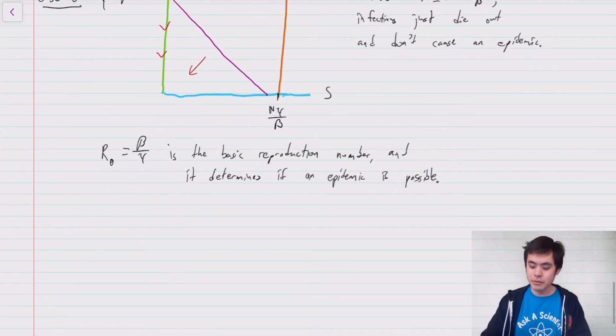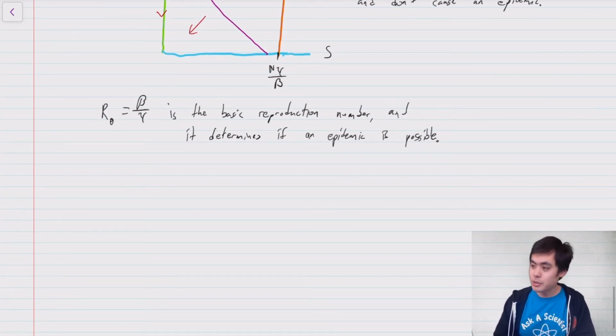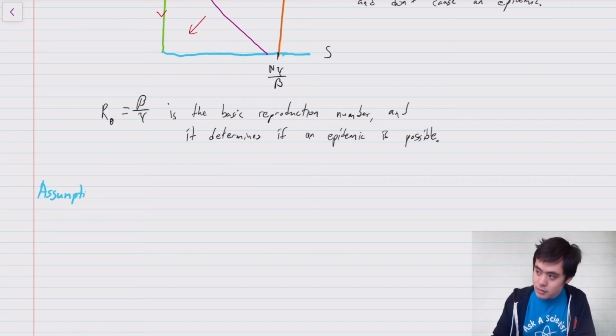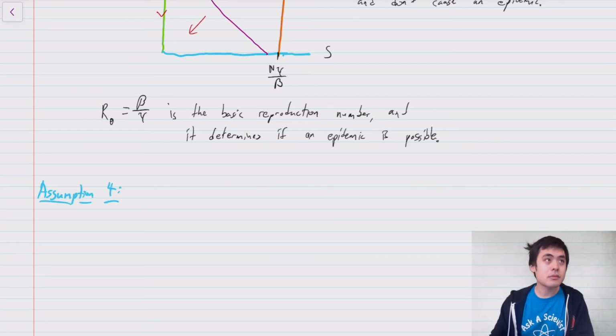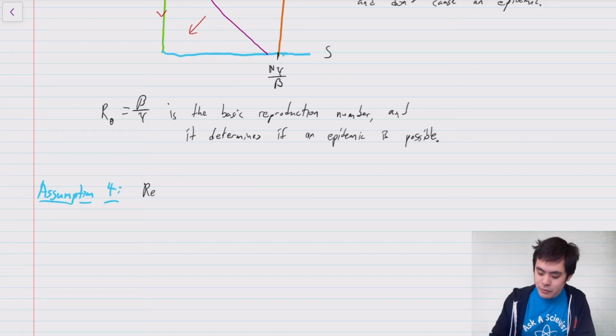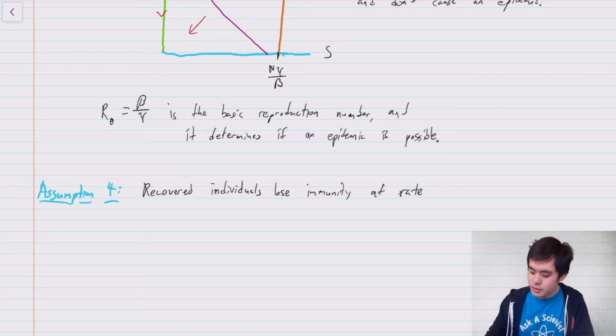So let's add another assumption, assumption 4: recovered individuals lose immunity at rate, let's call it nu.